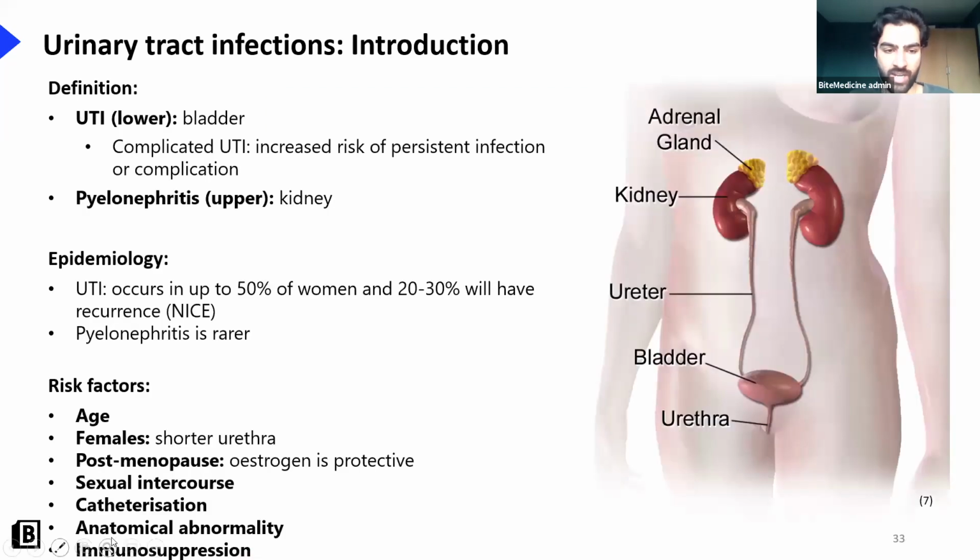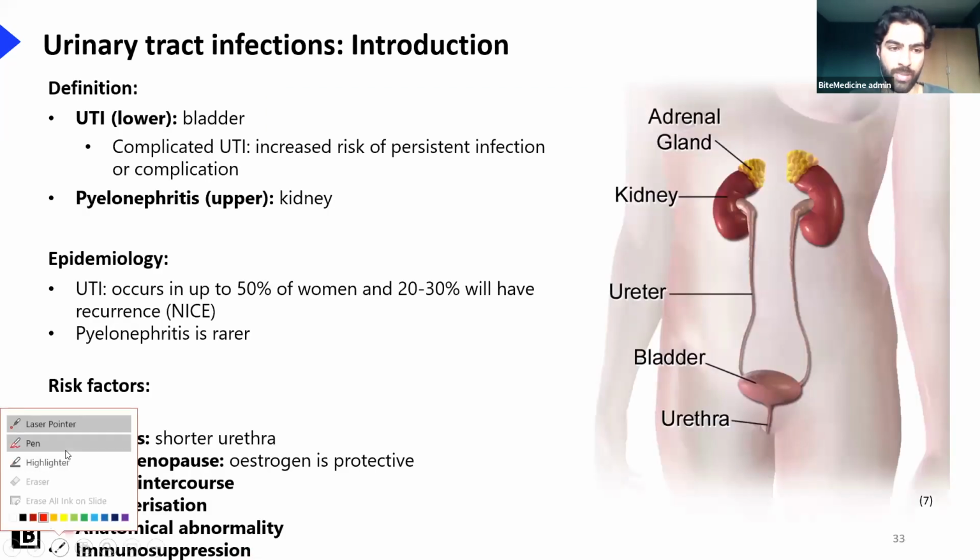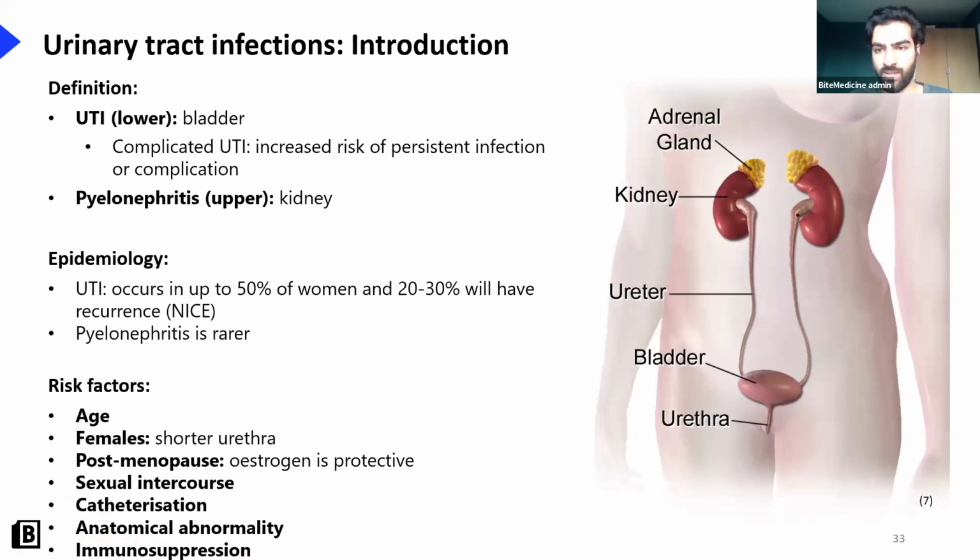So going back to this diagram, imagine if you have a stone blocking the whole system. If you have a stone somewhere here, that's going to block drainage of the kidney, and all of that urine is going to start pooling in the renal pelvis, and that's going to form a source of infection, and then patients will get pyelonephritis.